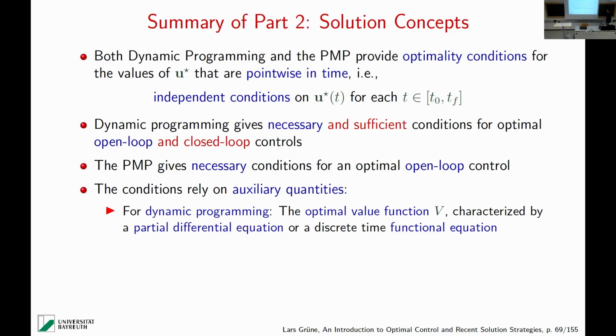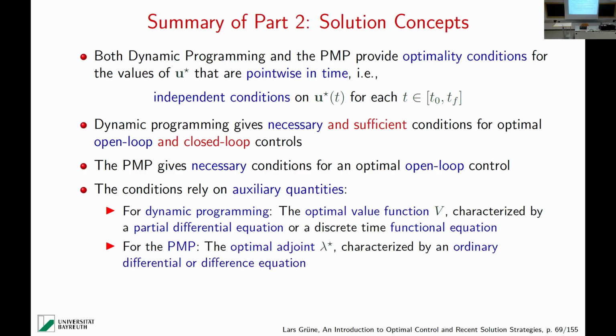In dynamic programming, you need to somehow compute or at least approximate the optimal value function. And this is characterized by either a partial differential equation in continuous time or by something which is quite similar, what I would call a functional equation, the Bellman equation in discrete time. And in the Pontryagin maximum principle, you need the optimal adjoint, which is characterized by an ordinary differential or difference equation, more precisely by a boundary value problem. So you have a condition at the end also, not only at the beginning of the time interval, but also at the end of the time.